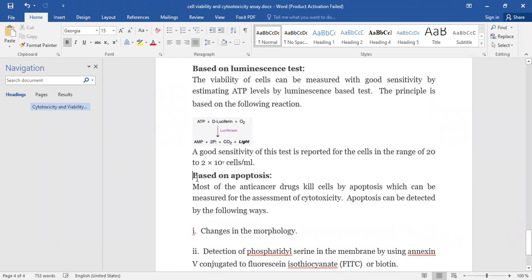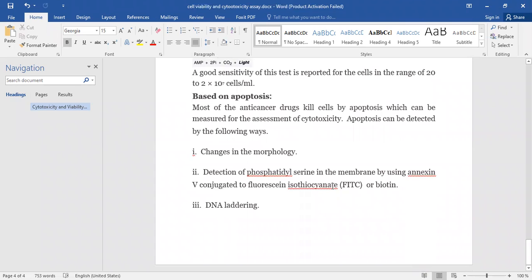The next is the viability test on the basis of apoptosis. Apoptosis is the process by which cells die, and some anti-cancer agents will kill the cells. So this test is used for cytotoxicity testing. Some drugs will kill the cells, and this is analyzed for cytotoxicity. If the cells are lysed or not surviving, there are some changes which we can identify.